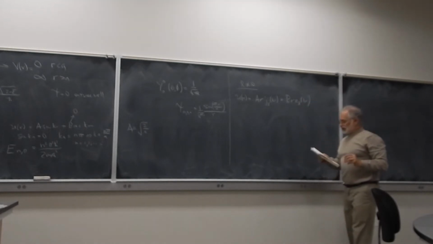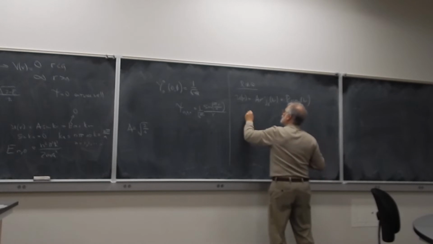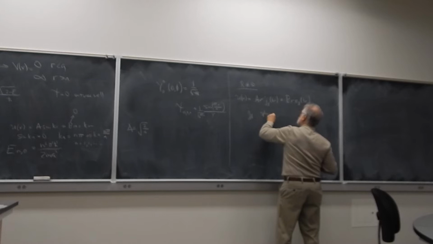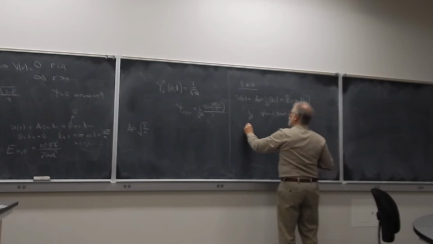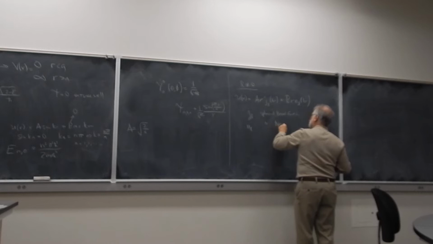Again, this is a well-known differential equation. J sub L is defined as the spherical Bessel function. N sub L is defined as the spherical Neumann function.